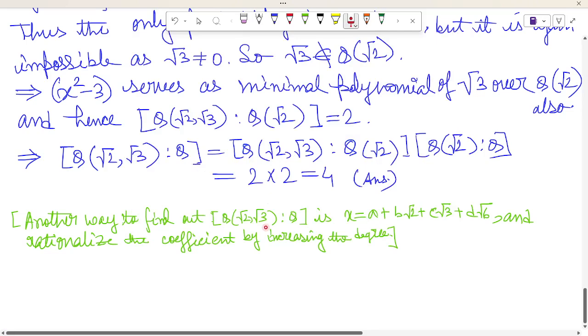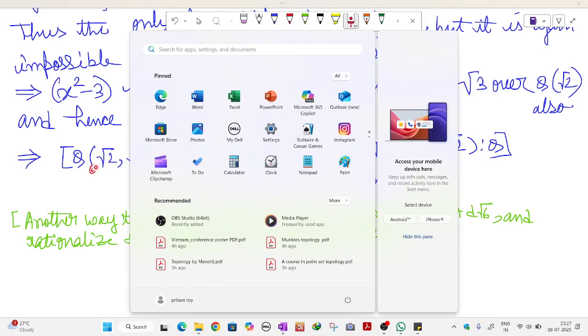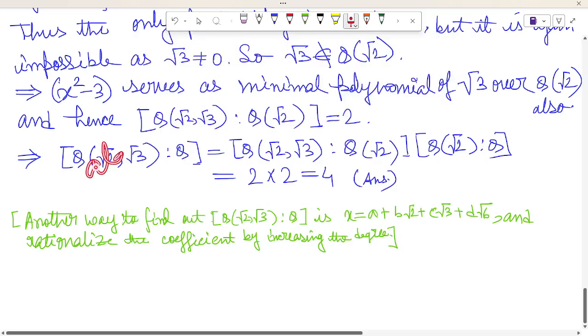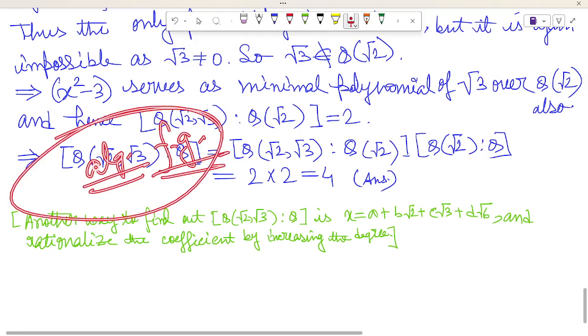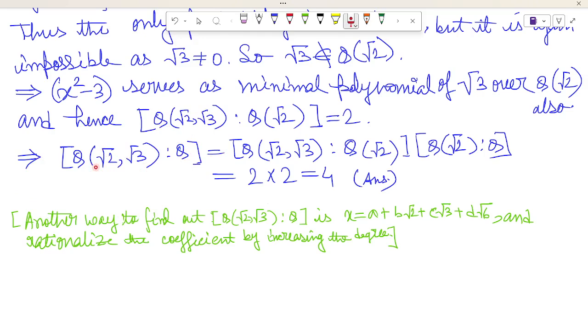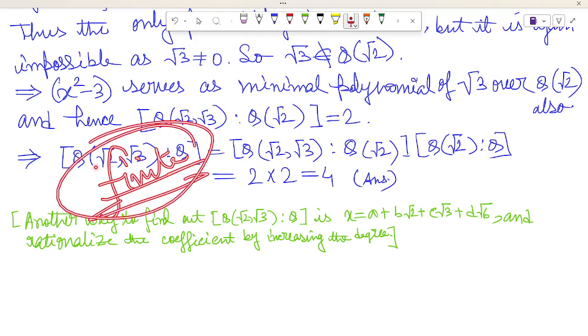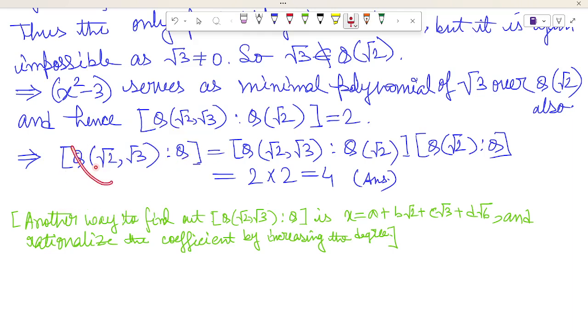So our next thing: we did a lot of study with algebraic extensions, extensions which are finitely generated, and also finite extensions. Everything we studied there. Is there any link between them?